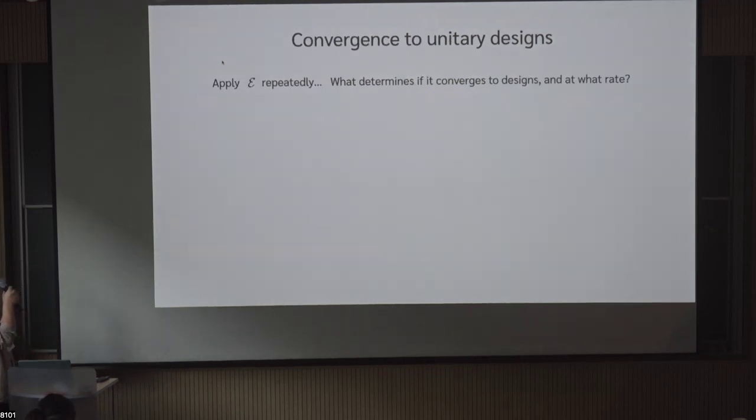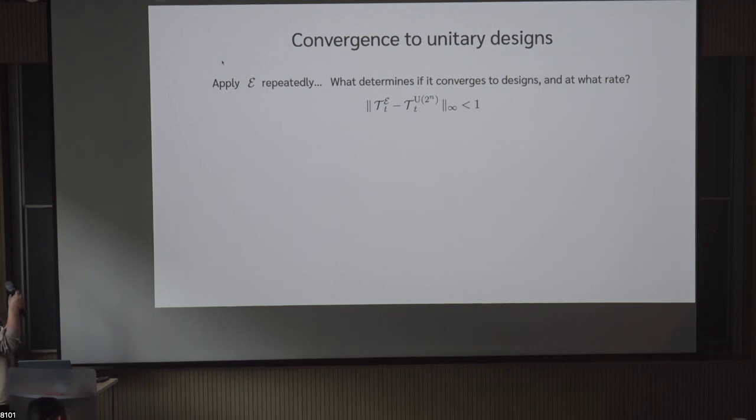So the problem that we are interested in is the convergence efficiency or speed of the ensemble E. What we do is apply this ensemble E repeatedly. Mathematically, the question is what determines whether this ensemble converges to designs and at what rate.